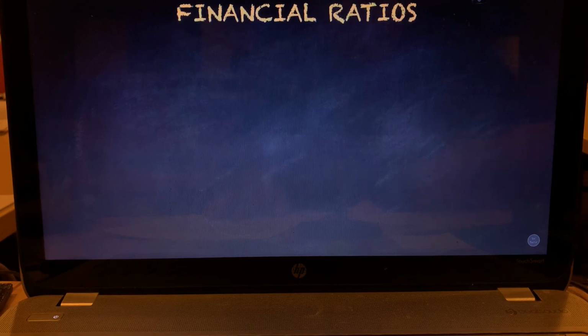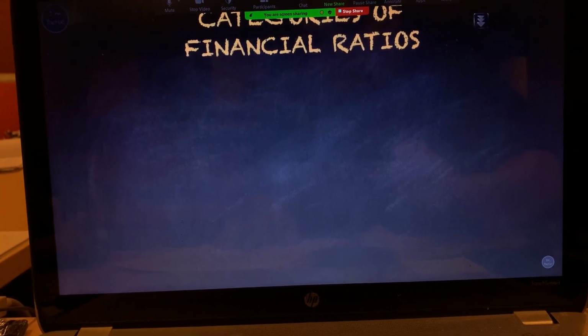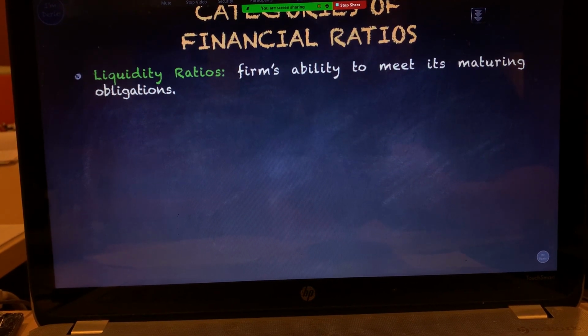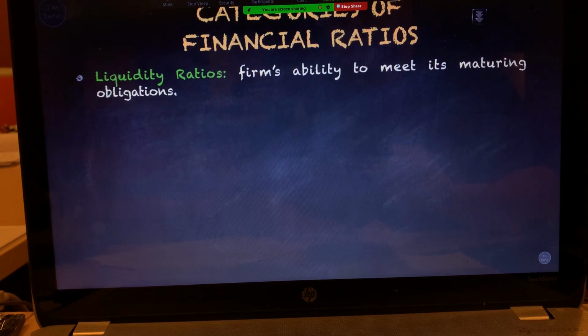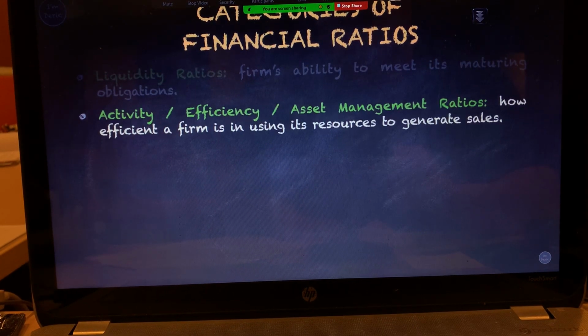In the following part, we are going to introduce 5 different categories of financial ratios. First, liquidity ratios, which measure a firm's ability to meet its maturing obligations. Second, activity, efficiency, or asset management ratios, which measure how efficient a firm is in using its resources to generate sales.